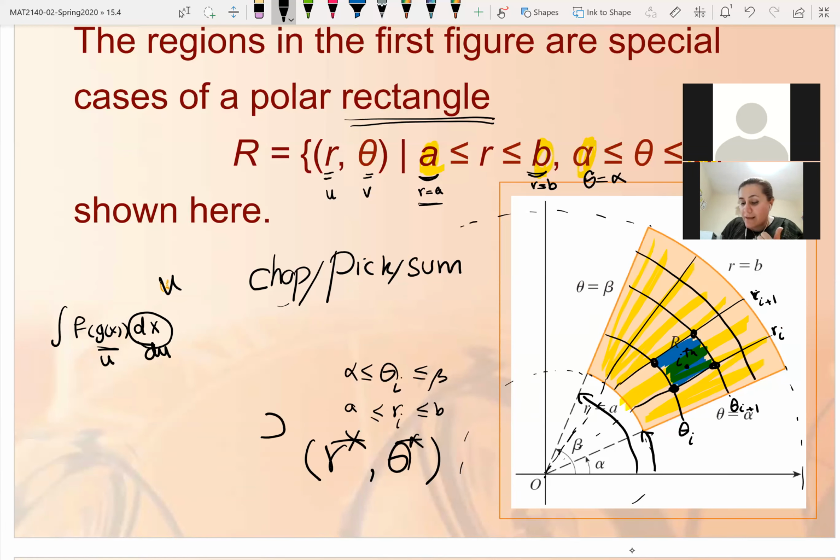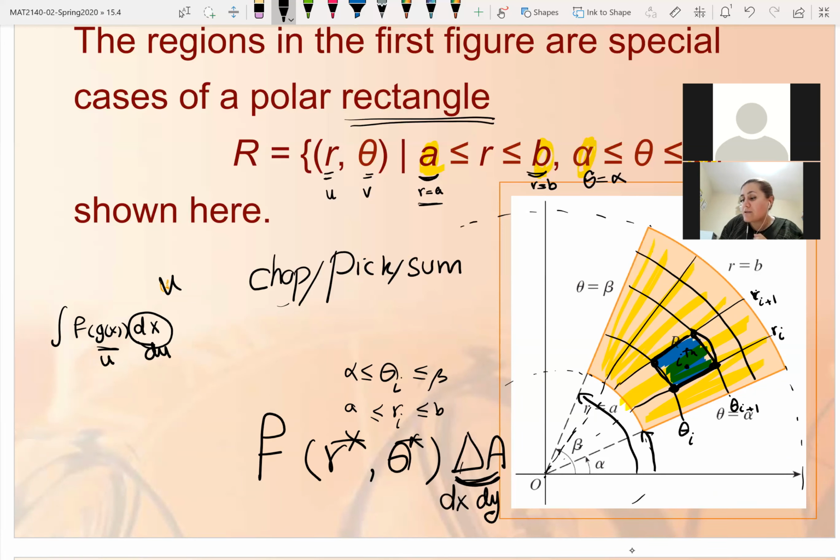So then I will evaluate the function at that point and multiply by delta A, whatever is the area of that region. The area of that region is something special, okay? If you agree with me, it is not really dx times dy, right? It's not a perfect rectangle with width times length.